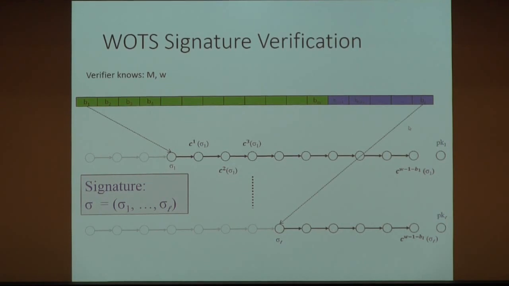If I use this in a Merkle signature scheme, I would use this alternative public key to compute a new root value. If I use it in a standalone version, I simply compare it to the given one-time public key, and if they match, then the signature is valid.